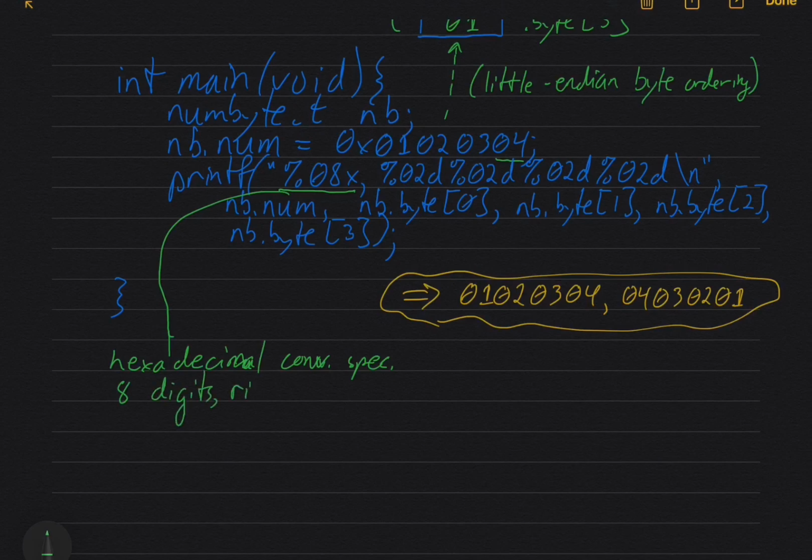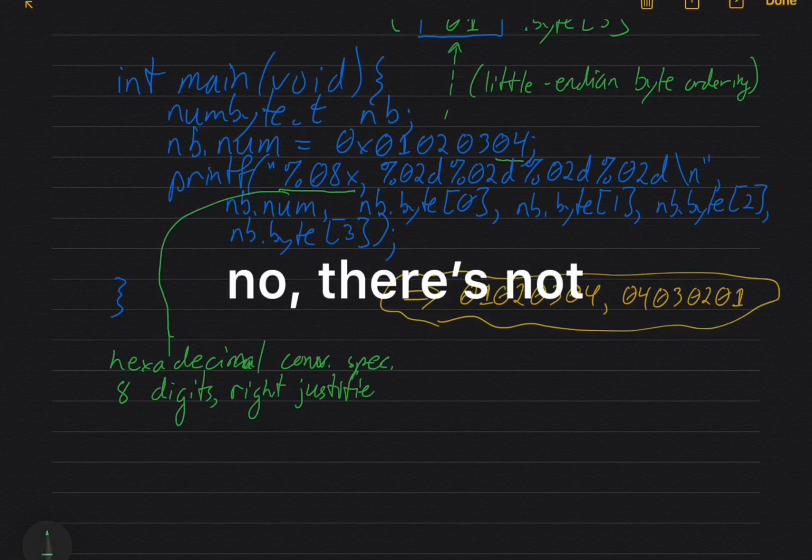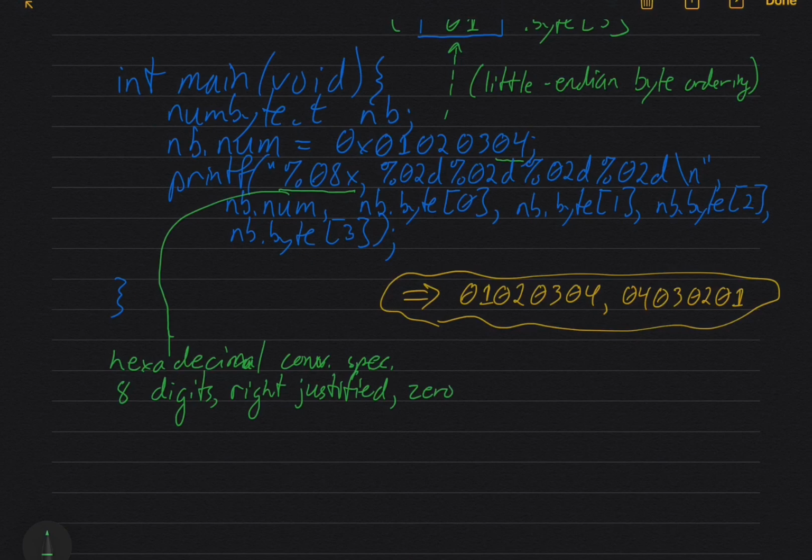It will be right justified. I think there's a way to left justify, but I'm not sure about that. Right justified, and it will be 0 padded. So if we left out the 0 and it was just %8x, then it would just leave a space instead of a 0 on the left side.